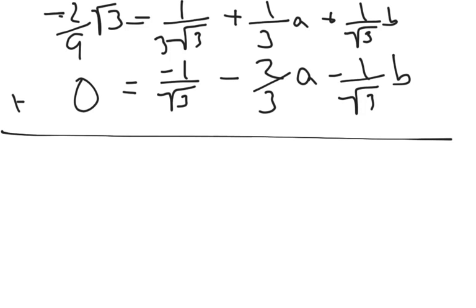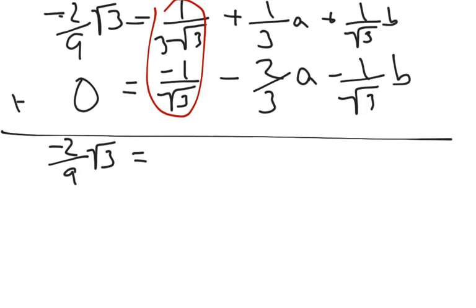And now if I add these together, we still get negative 2/9 root 3 on the left equals, and for the first two terms that I have to combine, they don't have a common denominator, so let's not get sloppy here and think, as we see some things in common, that we can subtract them right away. There's a little bit of work. I am going to want to multiply this by 3 on top and 3 on the bottom in order to have the same denominator.